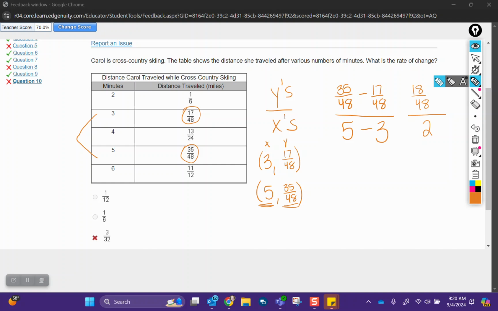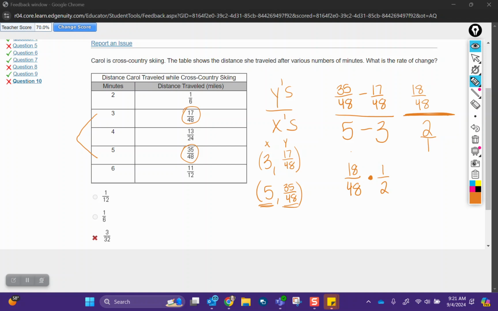Some teach it a little mnemonic to remember: keep, change, flip. It means we're going to keep the first fraction as it is. Remember that fraction bars are actually just division problems. So I'm going to change the division to multiplication, but I have to take the reciprocal of 2, which is 1/2. I always tell students you can't divide fractions, you have to multiply by the reciprocal.